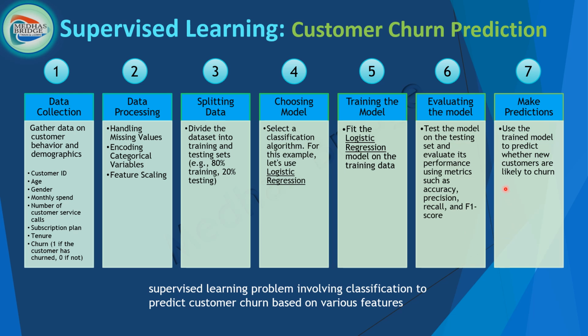That is step 7, which is making predictions. Use the trained model to predict whether new customers are likely to churn. So the supervised learning problem involves classification to predict customer churn based on various features.